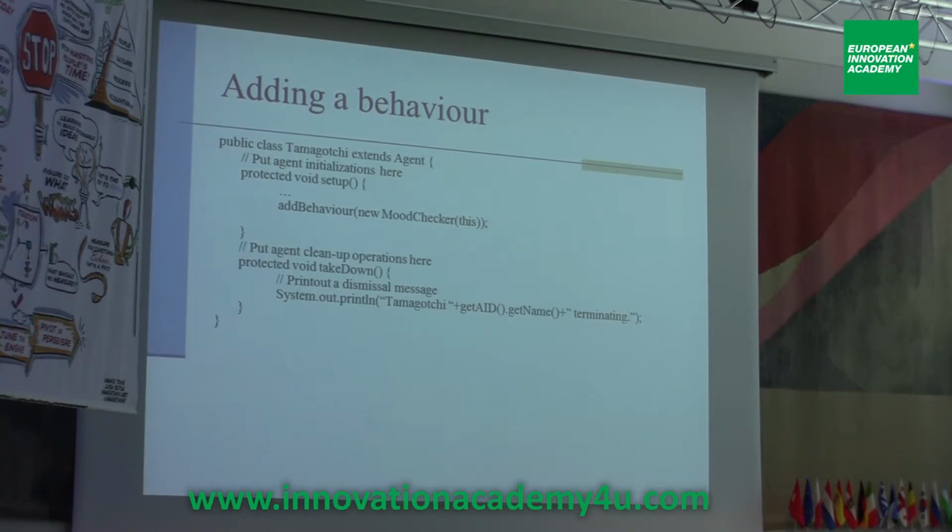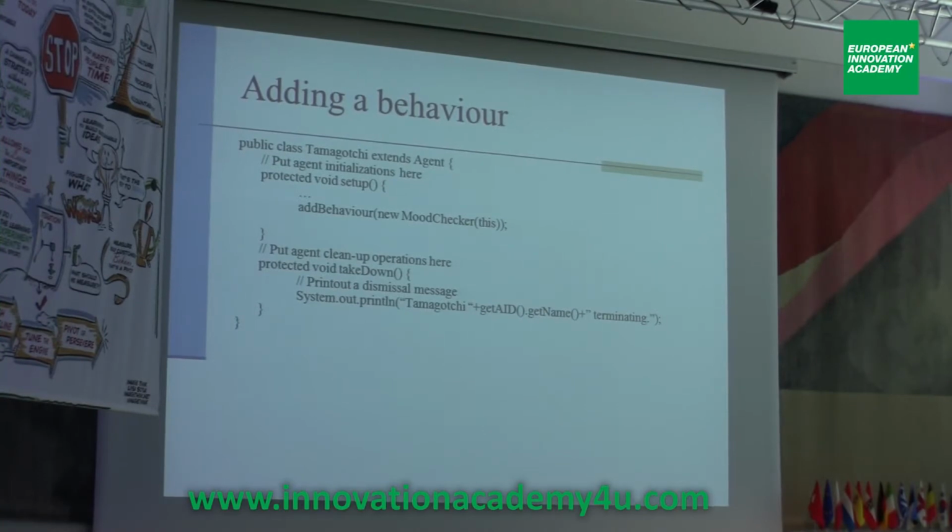So it checks every, let's say, couple of minutes, and if it discovers that the Tamagotchi is in a bad mood, then it instructs the Tamagotchi to send a message to its owner: I'm in a bad mood, please do something about it. So this is how we simulate proactive behavior in JADE.